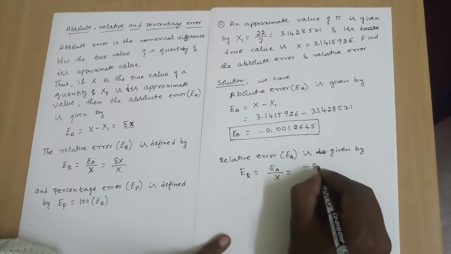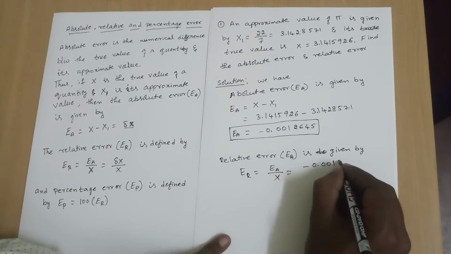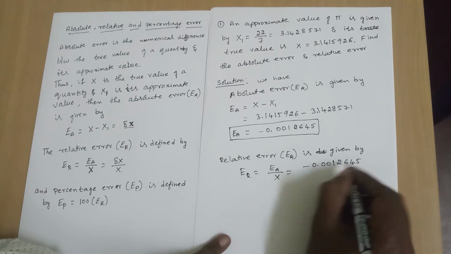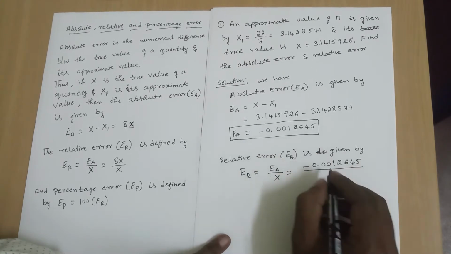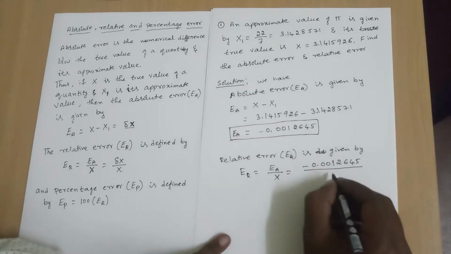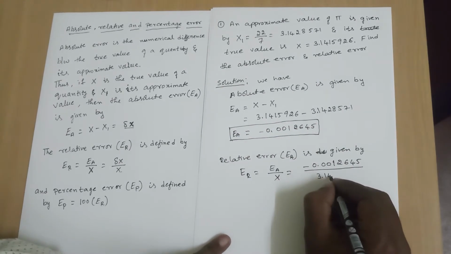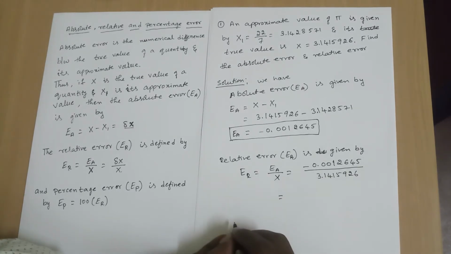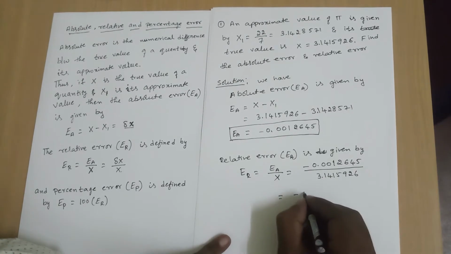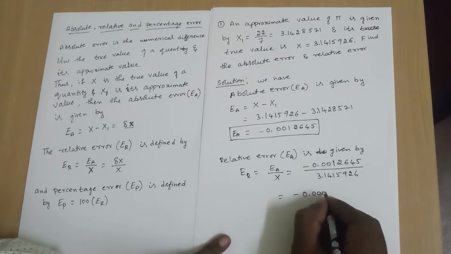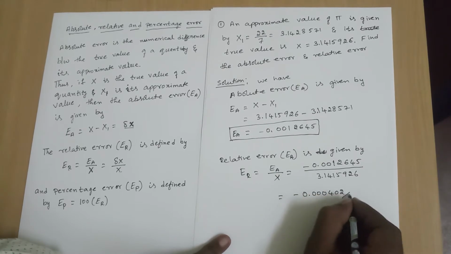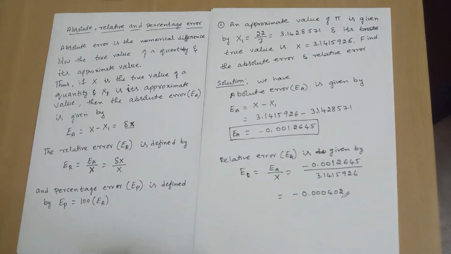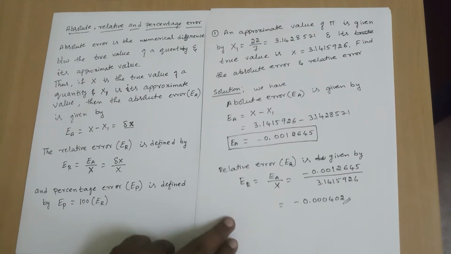It is minus 0.0012645 whole divided by capital X. What is capital X here? 3.1415926. So if you divide, we get minus 0.000402. So this is the required solution.